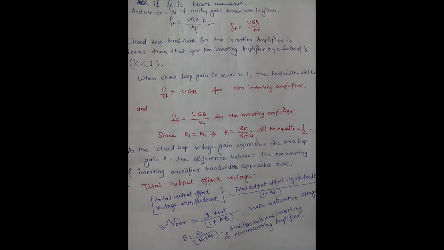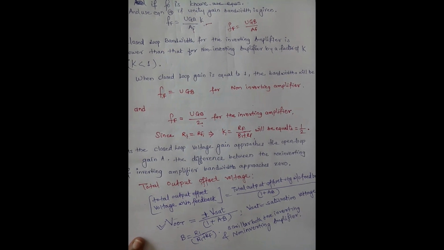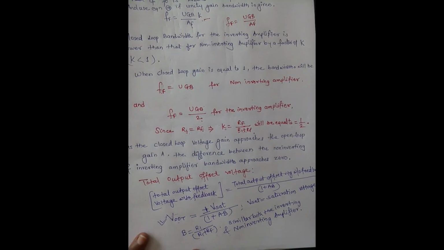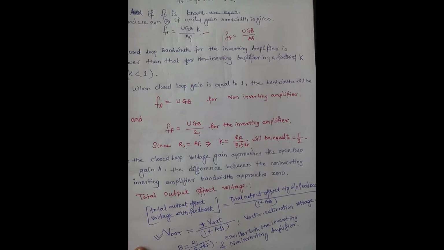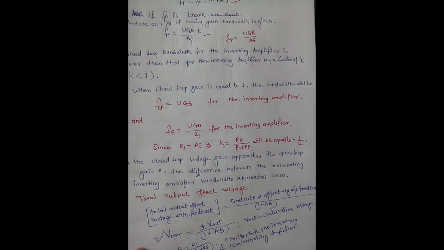So this is all about the negative feedback or voltage shunt feedback amplifier, which is nothing but the inverting amplifier with feedback. For this configuration there are two special cases. What these two cases are, we'll see in the next lecture. Thank you.